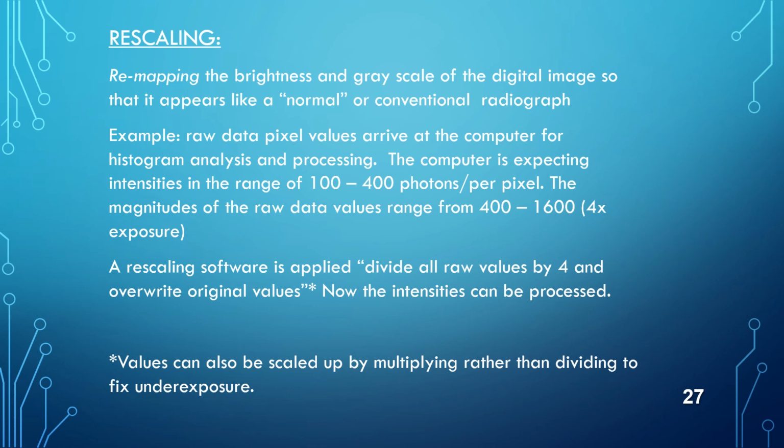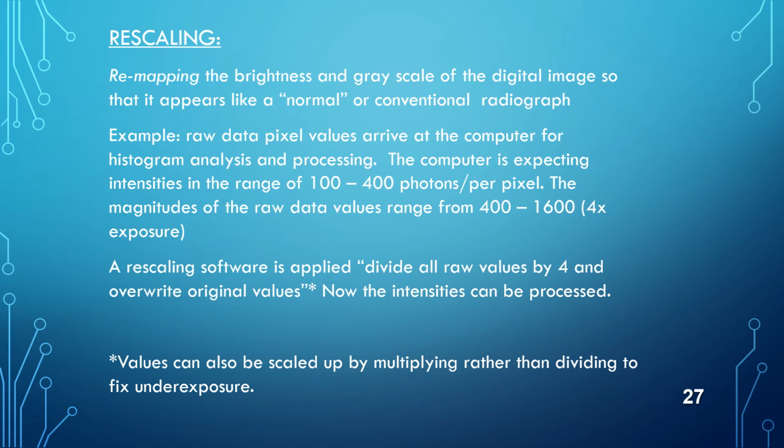And so the software says, these are not the pixel values I expected. How about if I divide all the pixel values by 4? So it recognizes that geometric pattern. You have overexposed intensities by a factor of 4, and so it scales those intensities down by dividing all the pixel intensity values in the data by 4.